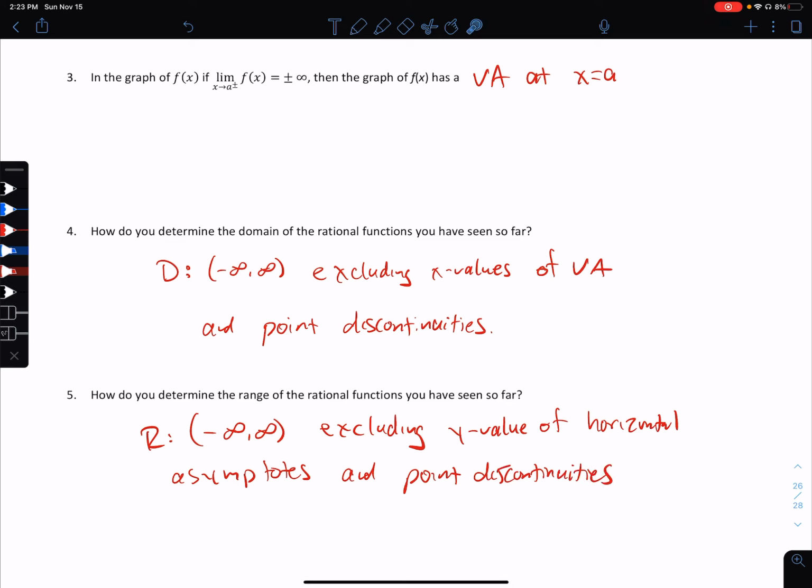To be clear, this is an x value of the point discontinuity. This is a y value of the point discontinuity.